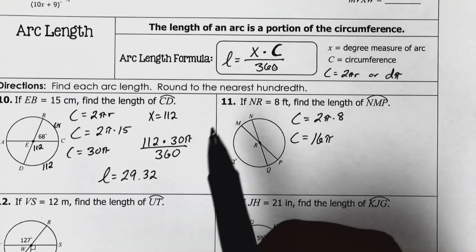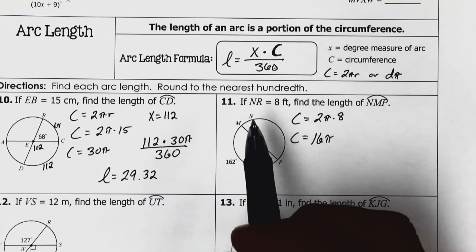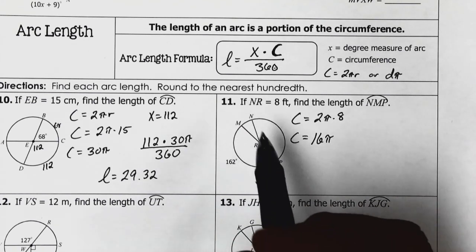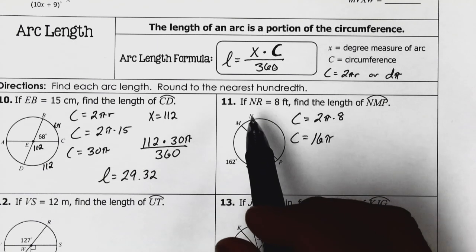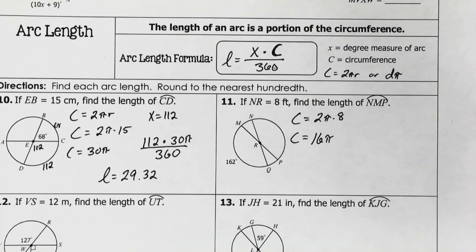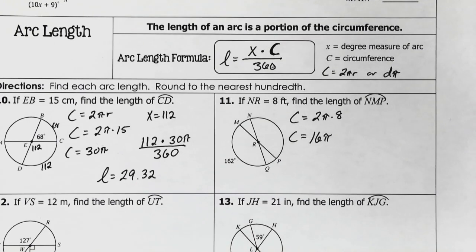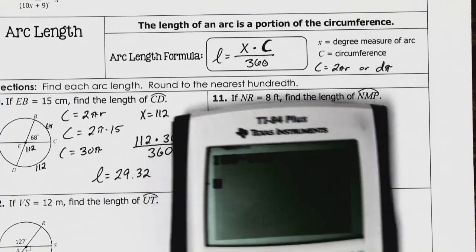All right, now x is the arc measure. NMP is all the way around right here. So this part right here is 162, so if it's a full line from NQ, 162 from 180 gives me 18.